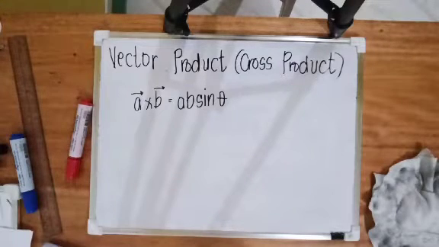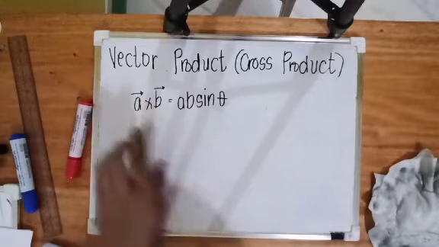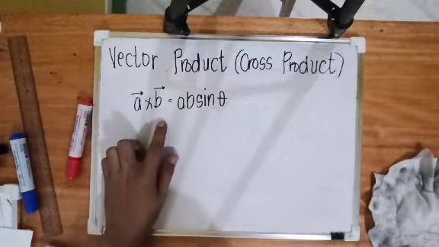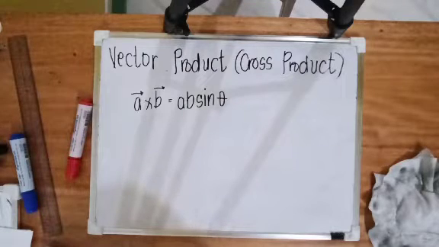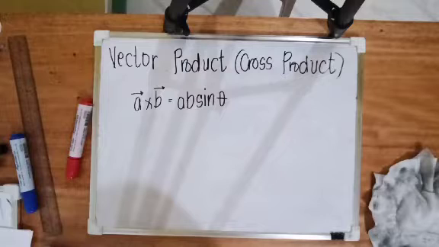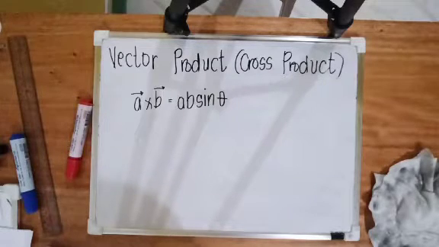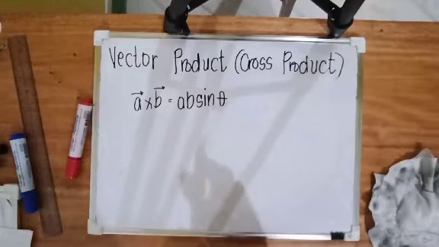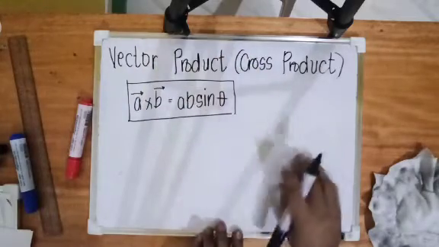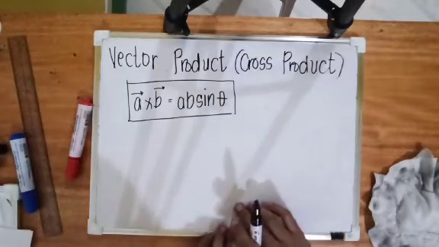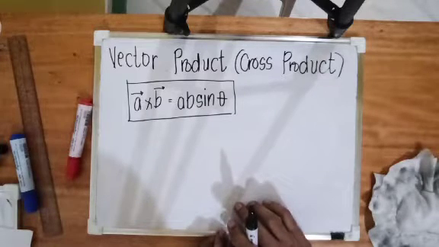Let's say we have vector A and vector B. To find the vector product, we find the magnitude of both vectors, then multiply by the sine of the angle between them. So this is the formula or the concept of our vector product or the cross product.